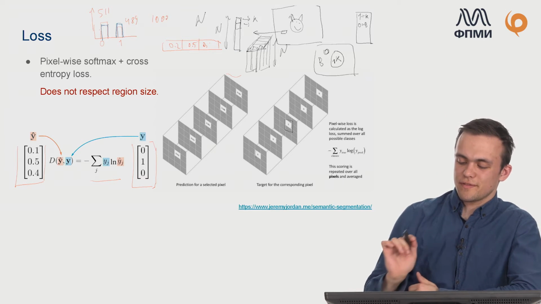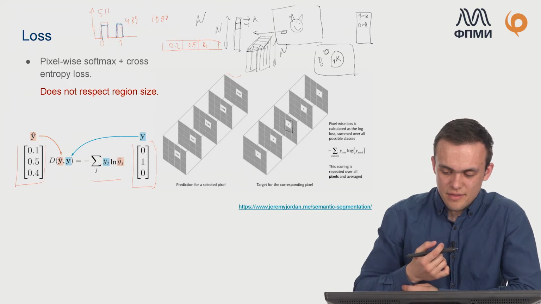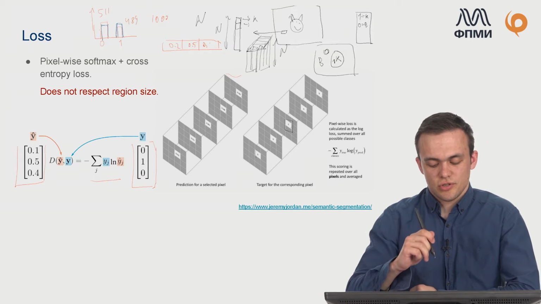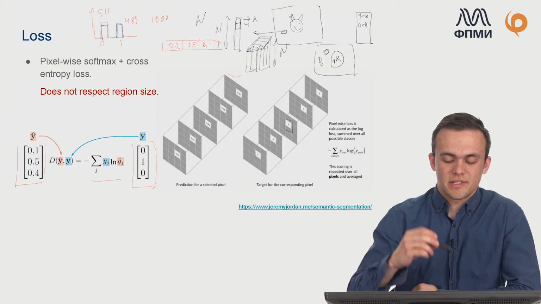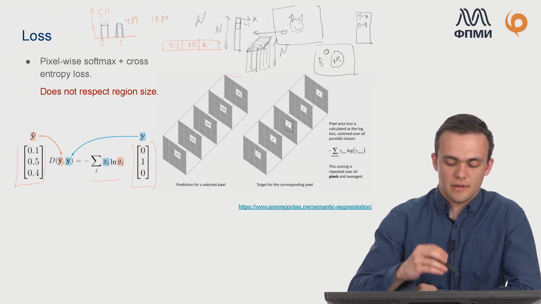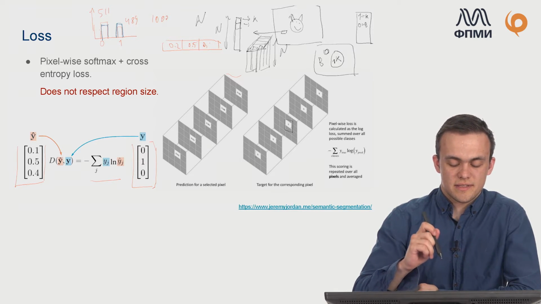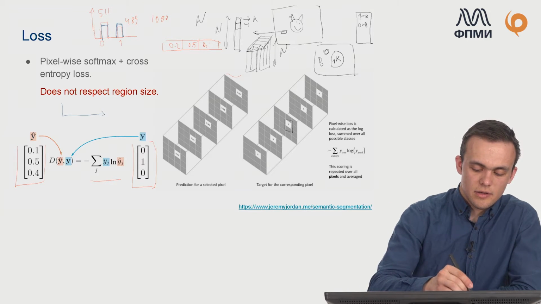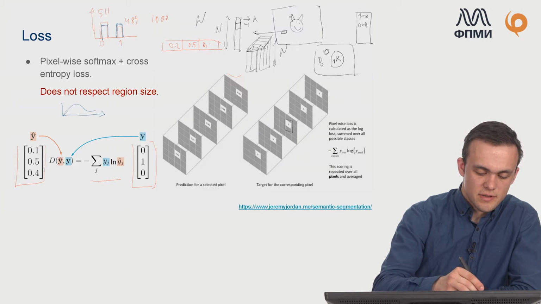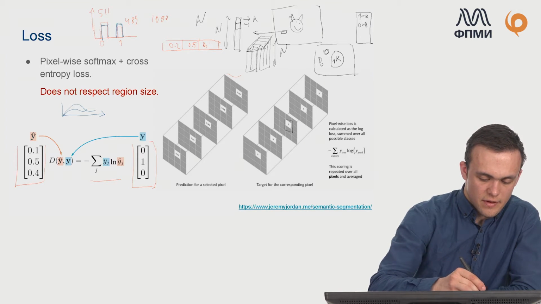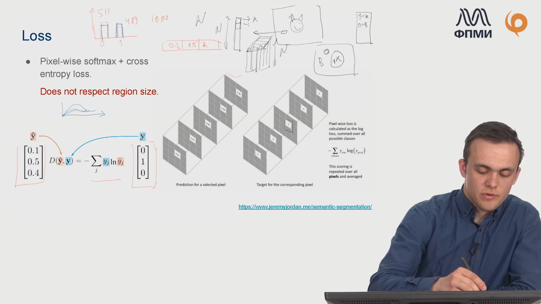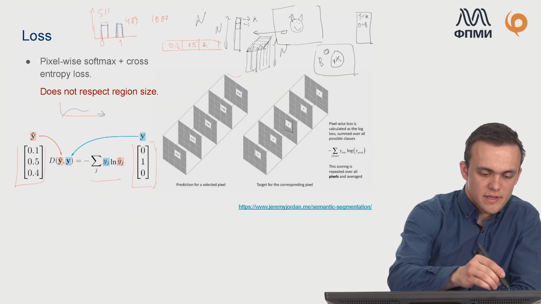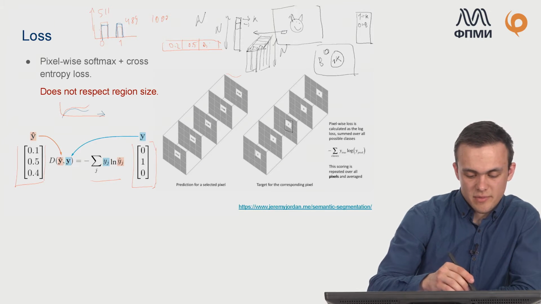I don't know if I'm clear. Cross-entropy is a really interesting concept, and you should watch a particular lesson on this loss. But you can think of it this way: you take two distributions, and the cross-entropy is a measure of how similar they are.